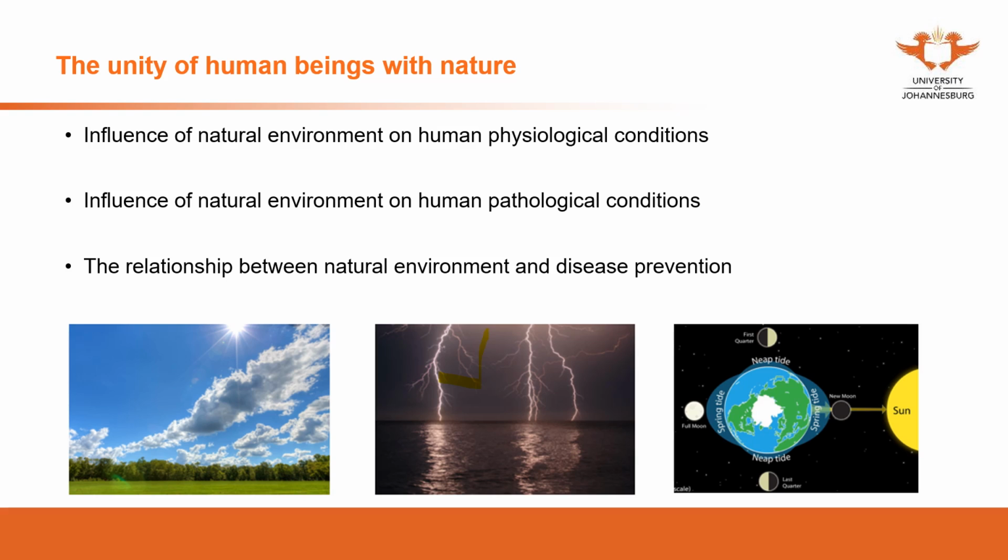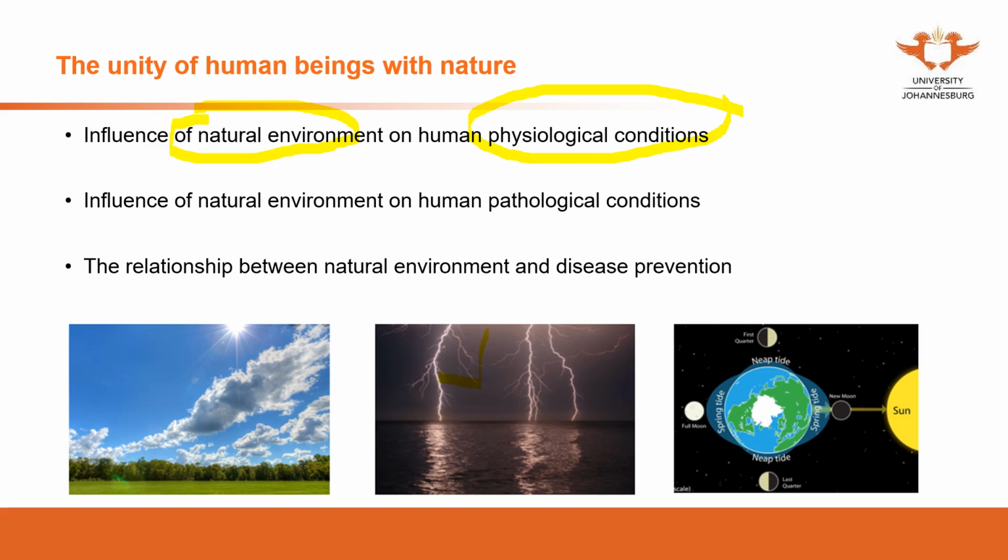So a brief summary. The unity of human beings with nature. We're going to analyze from the physiological condition and the pathological condition how the natural environments. Firstly, what are natural environments? You need to answer that. How can the natural environments affect our physiological condition, our healthy person?